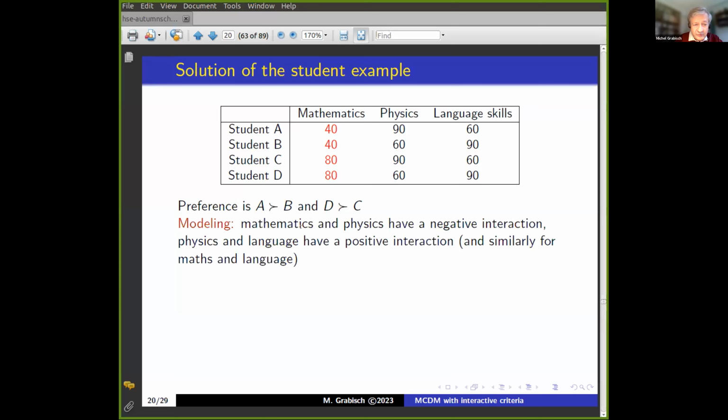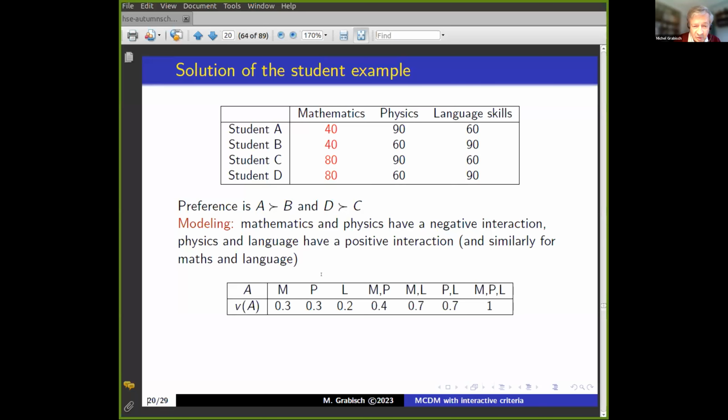If we interpret what was said before to explain the ranking, we could say that mathematics and physics have a negative interaction, because we said it's a kind of redundancy here, while there is positive interaction between physics and language and between mathematics and language. And so I can model this simply by these figures.